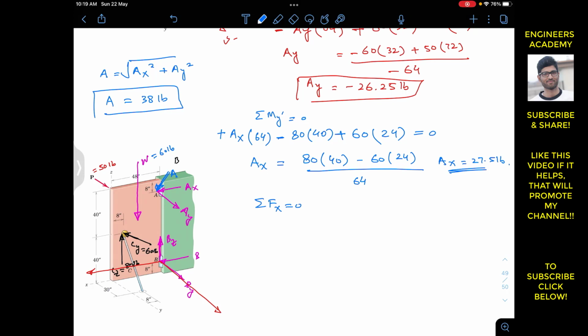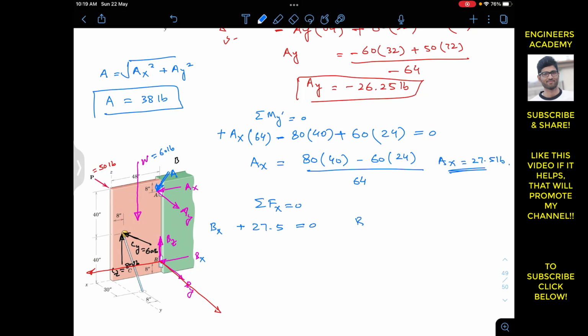So Ax is acting in the positive x direction. This is Ax, so we will write Ax magnitude is 27.5 pounds. Similarly, Bx is not known. Let's say its assumed direction is the positive x direction. So we will write Bx plus Ax, and that must be equal to 0 since there is no other force in the x direction, right?